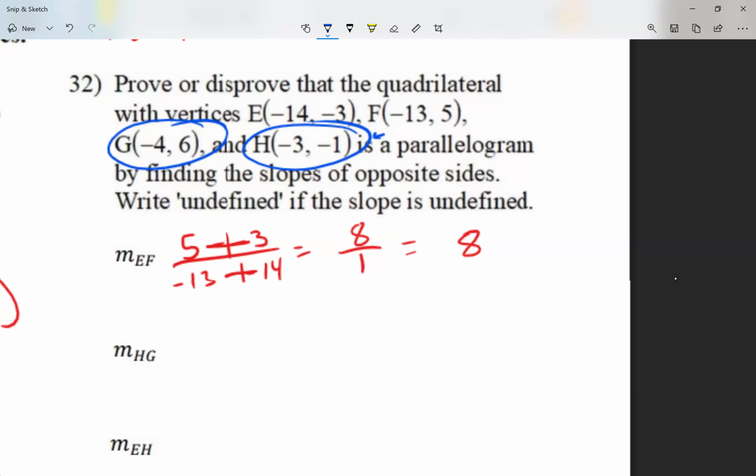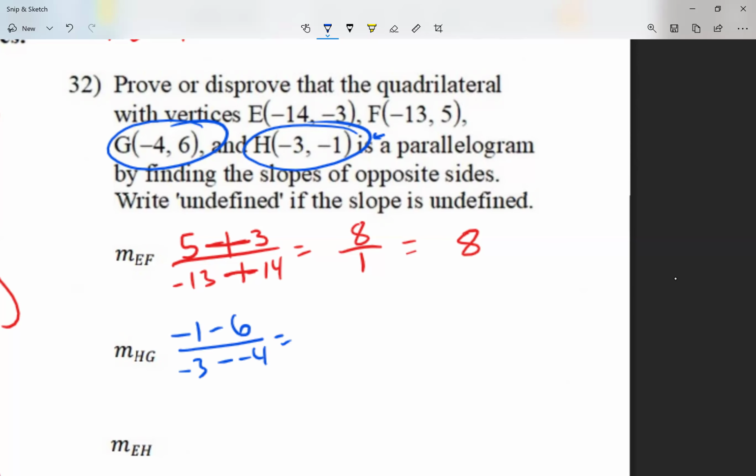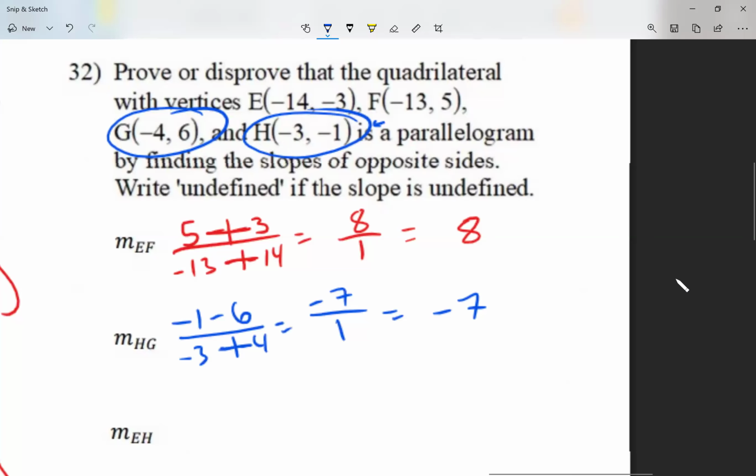So subtract the Y's, starting from the Y from H. So -1 minus 6. Subtract the X's. -3 minus a -4. So on the top, -1 minus 6, that's a -7. Now here, -3 plus 4, that's 1. My slope here is not a fraction anymore. It's a -7. Okay.